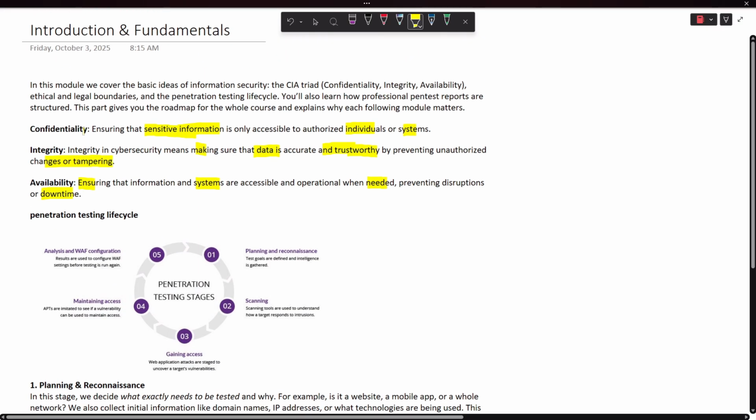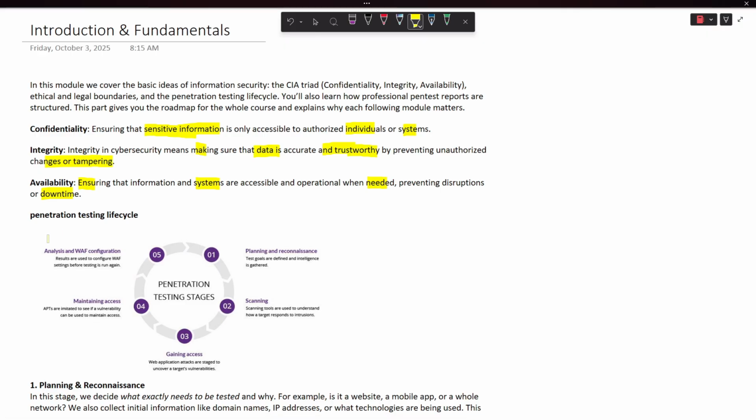I'll give you an example. Let's say you are launching something, you did a social media campaign already, and people are waiting for your product to be online so they can purchase it and make the order. But what happens when you just launch the product on your website and an attacker performs a DDoS attack? Your services are shut down and no one is able to purchase.